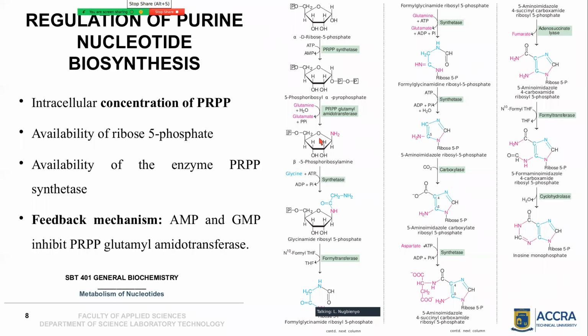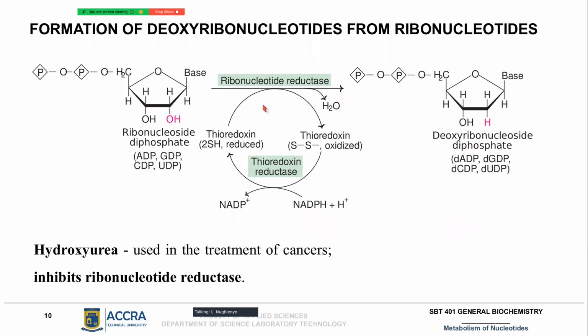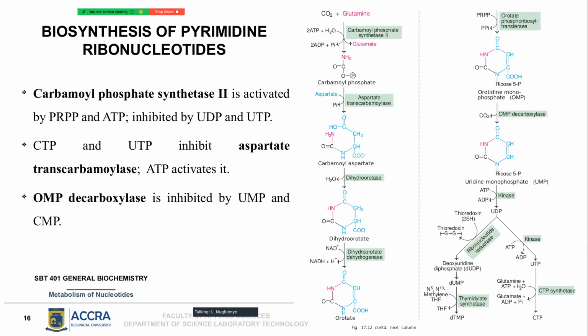First of all, this ribose sugar gets phosphorylated, and then glutamine first transfers its amine group, and then the formation of the ring happens on the sugar. So you see continuously ribose 5-phosphate, all the way ribose 5-phosphate. So the ring is being formed on the sugar for the synthesis of purines. But now let's go to the synthesis of pyrimidines, and you see what is happening.